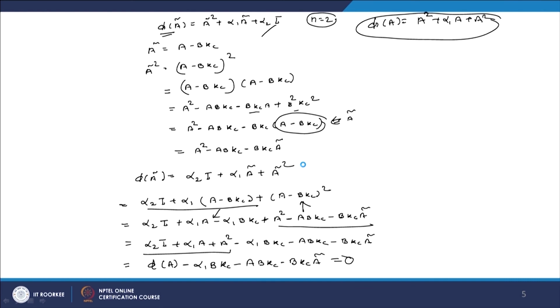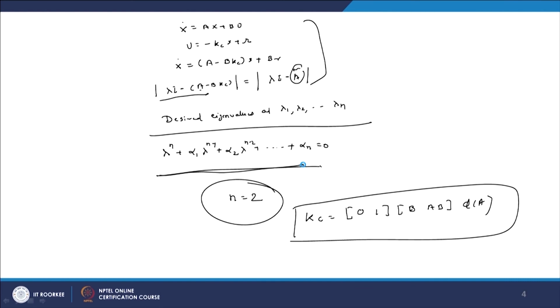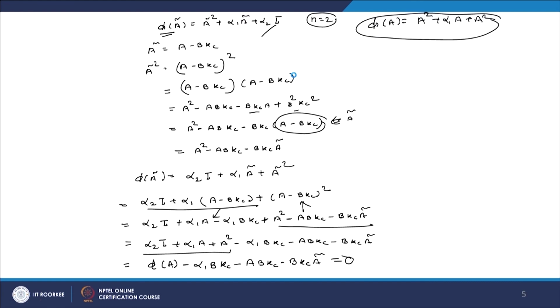Then our system has changed to A minus B Kc, which is A bar. So, we have written the equation in terms of A bar, but for simplicity we have taken n equals to 2, and then we have solved this equation, and somewhere we have got lambda square plus alpha 1 lambda plus alpha 2, then this has been written in terms of phi of A.